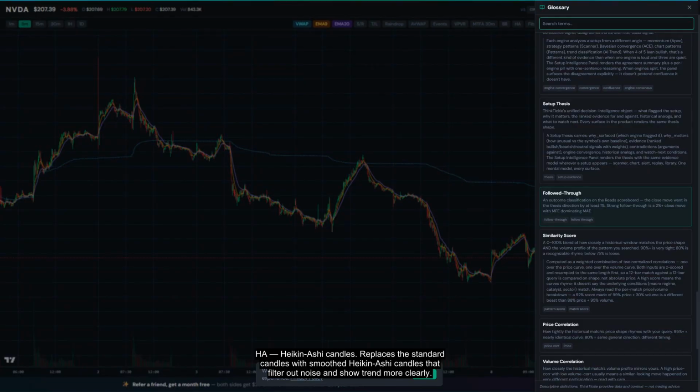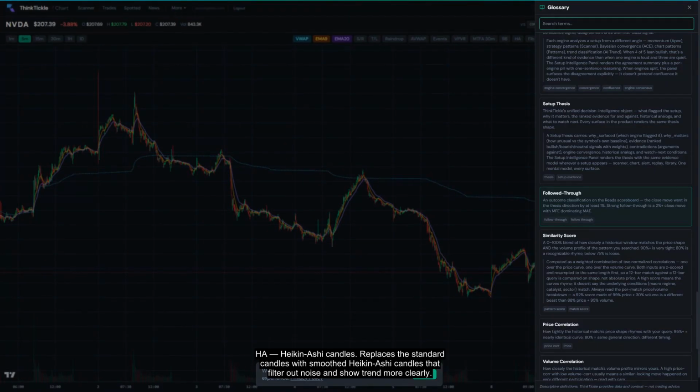Heikin-Ashi candles. Replaces the standard candles with smoothed Heikin-Ashi candles that filter out noise and show trend more clearly. Trend reads cleaner immediately. Toggle off when you want honest price action back.